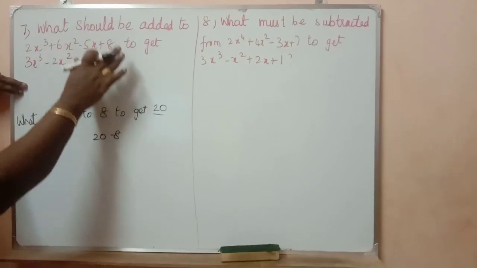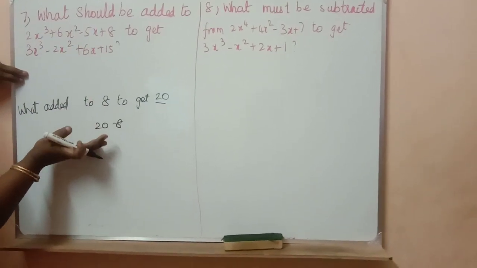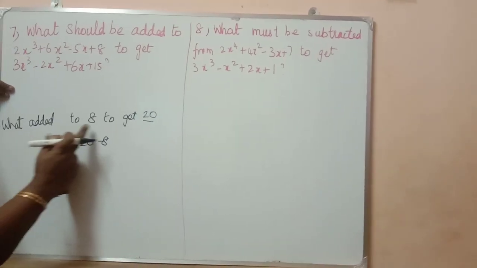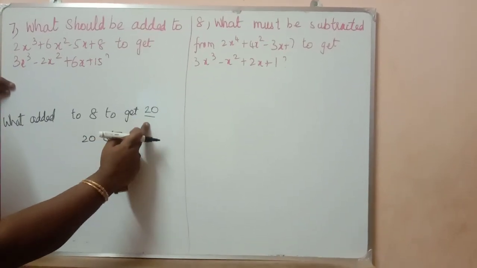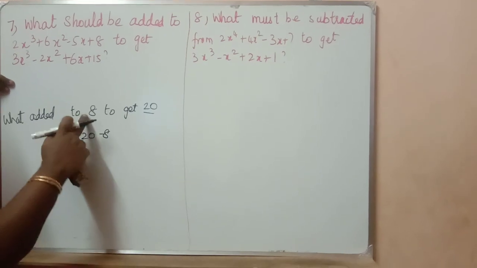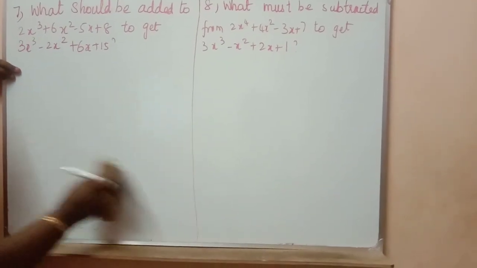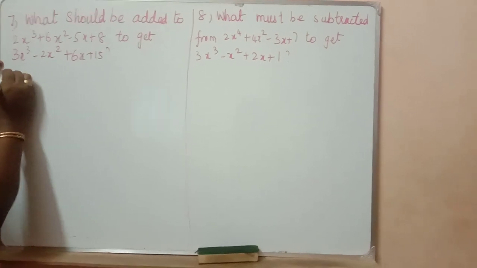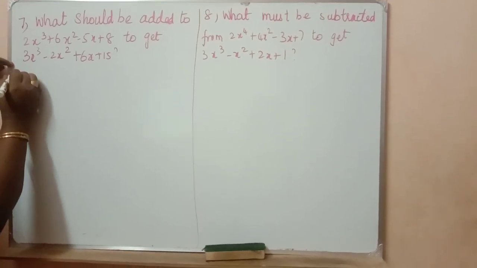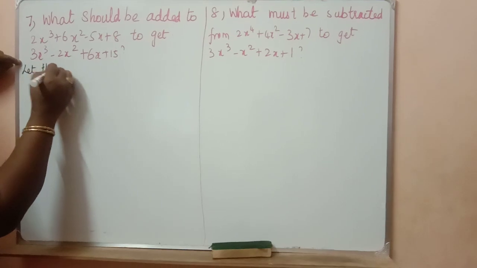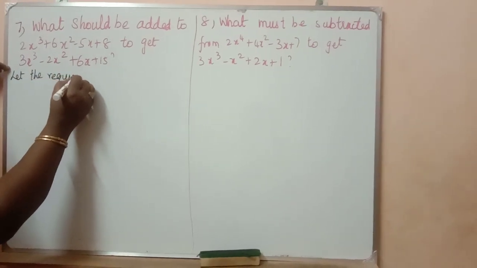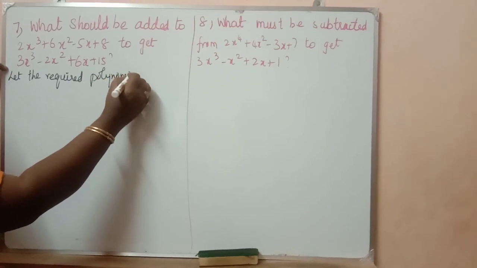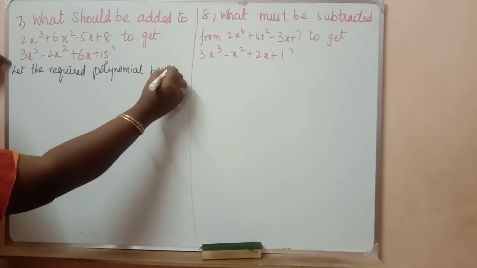Okay, if you cannot understand this question, just see this example and you can easily understand. So what we are going to do is, to get that number, first minus this number. So what we are going to find is one polynomial. Let the required polynomial be p of x.